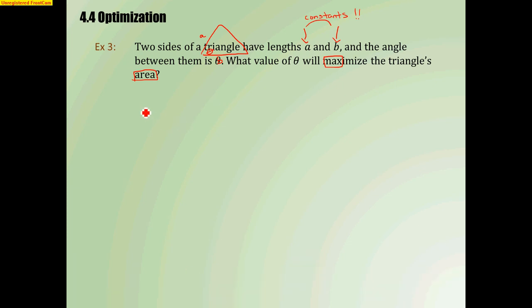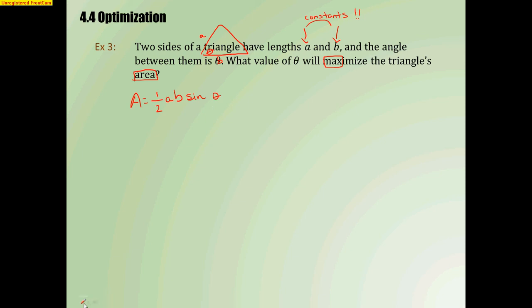Because from pre-cal, I know that the area of a triangle is 1/2 the product of the sides times the sine of the angle between them.